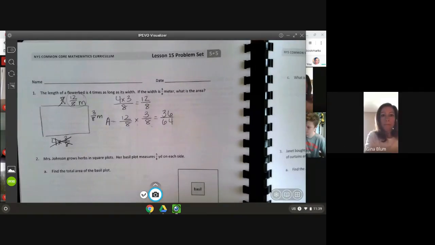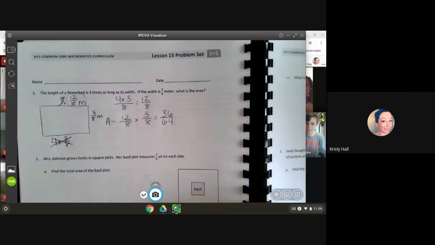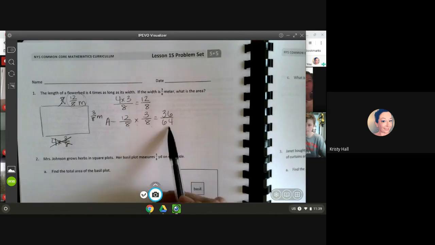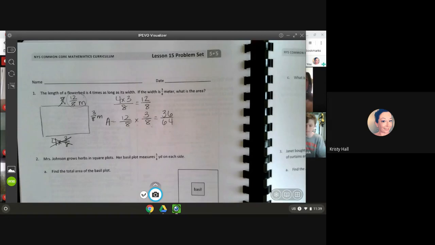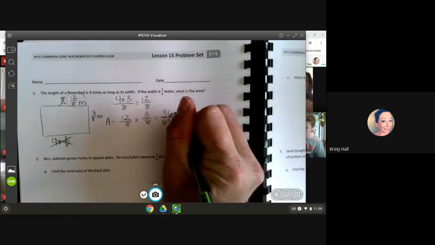Are we done? I see that both of these are even numbers. So that tells me I can reduce by something. What can I divide both of these by?